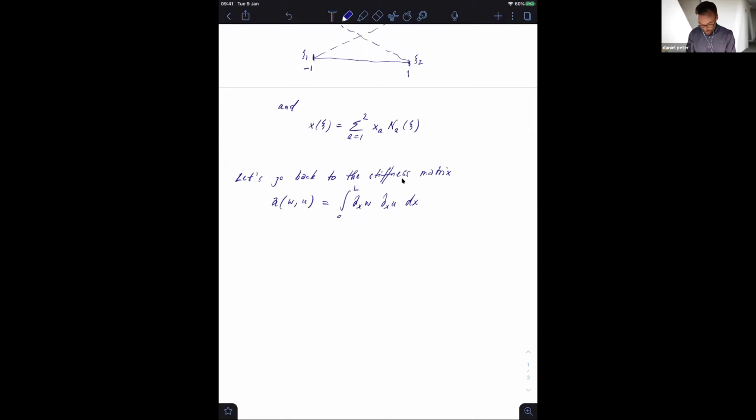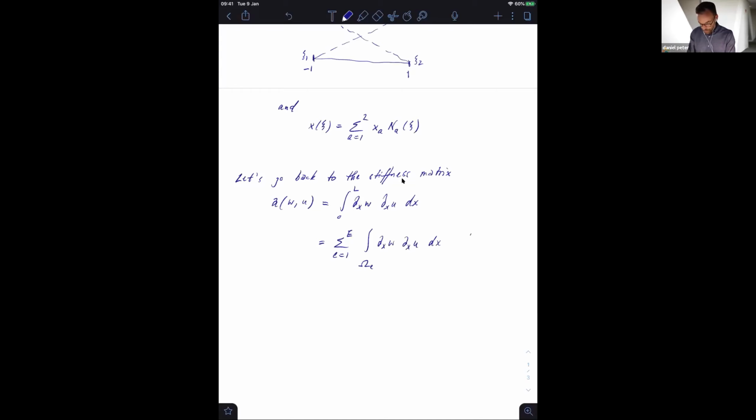So what we can do is basically split this up and say, well, this is the same as when we compute these integrals over all the elements. Now the boundaries of the integral depend on what the element is. And then have W, the derivative, times the derivative of U dx.